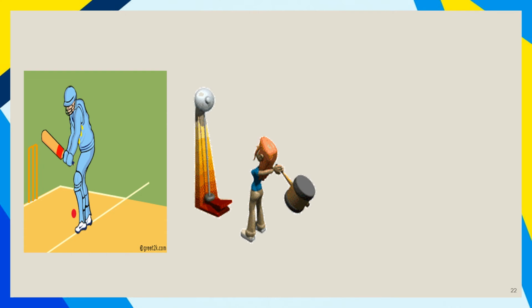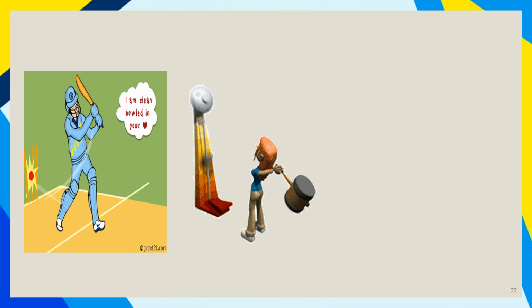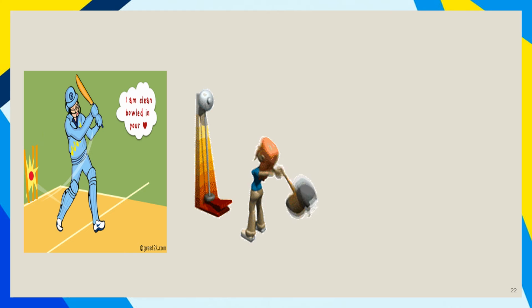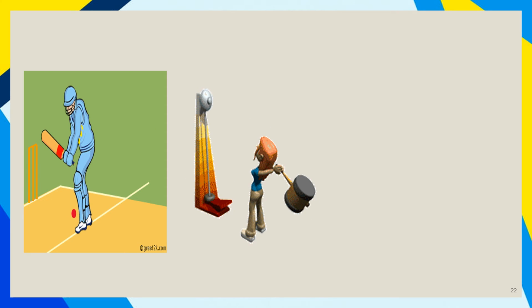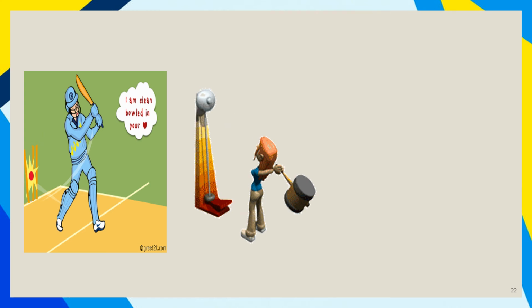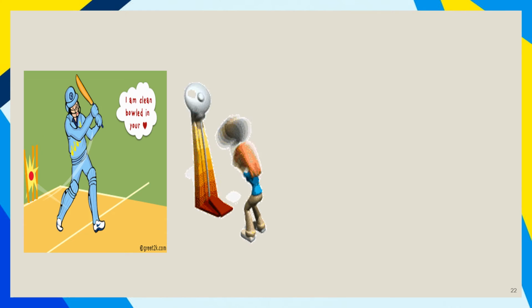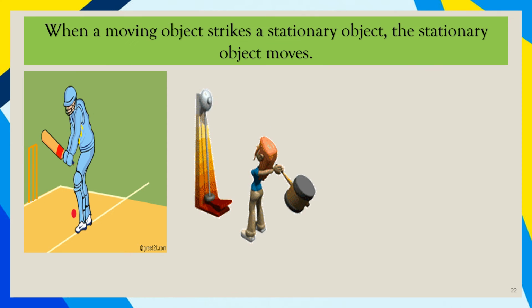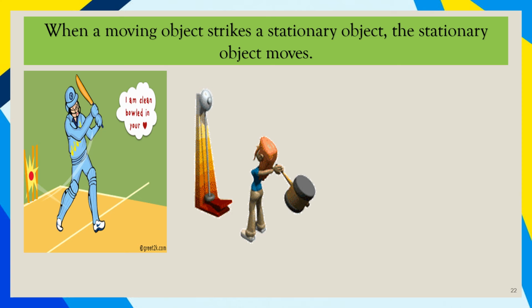Now another example here, this lady is trying to hit the bell with the help of a hammer. What is happening here? The object was stationary, means it was not moving, but because of the external force this lady has exerted on it, it tends to move. So when a moving object strikes a stationary object, the stationary object moves.